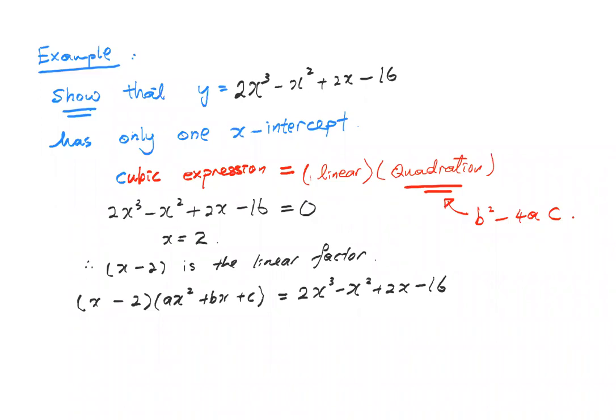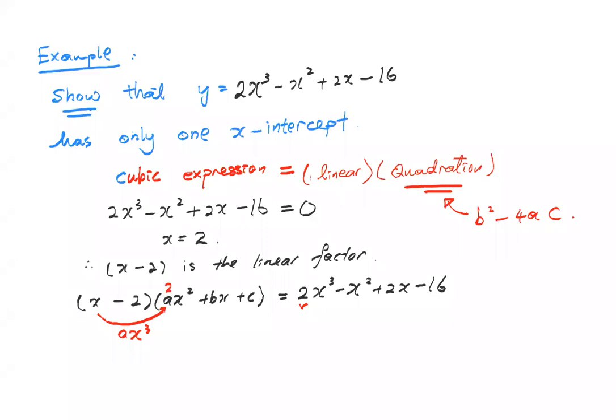Because you are using your expansion, correct? When you expand, this is ax cubed, then you compare with here. So I know the value of a is 2.